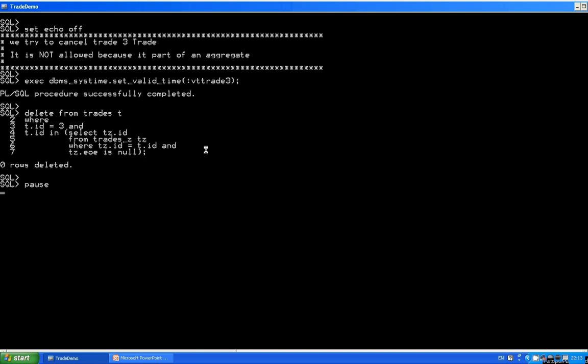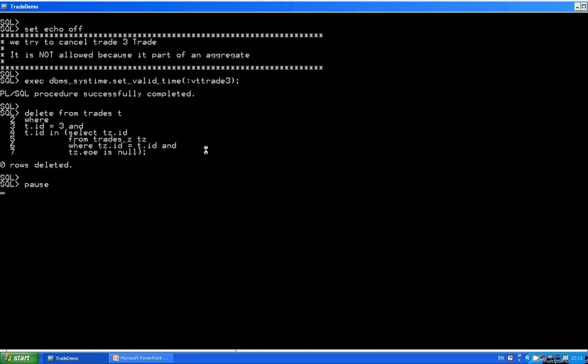We also show that we use this end of existence to decide whether a trade is part of an aggregate, and if it is part of an aggregate, we will not allow the trade to be cancelled. So for example, if we try and cancel trade 3, we move to the start time of trade 3 and run the same delete statement.